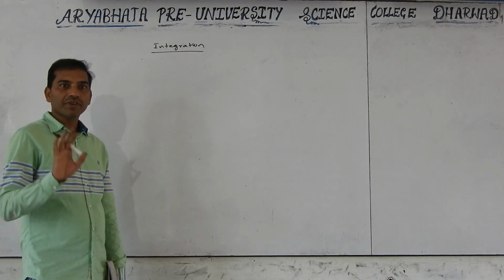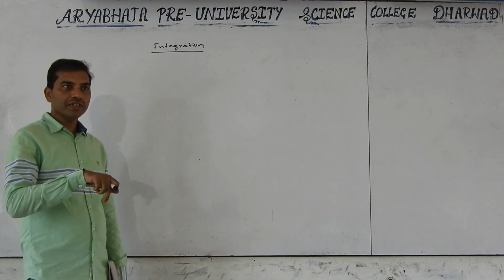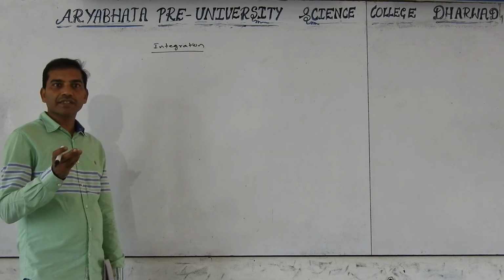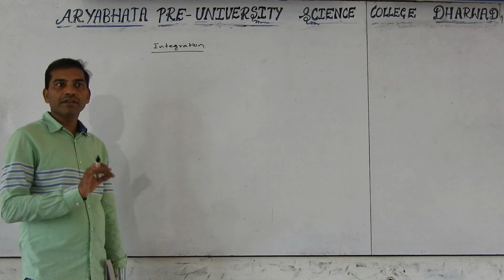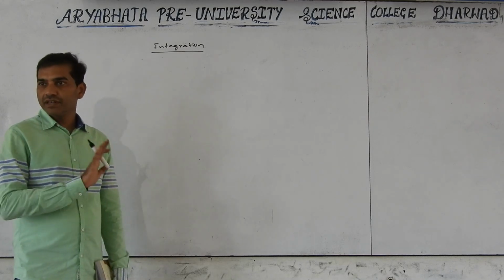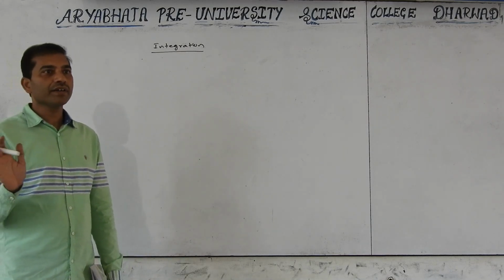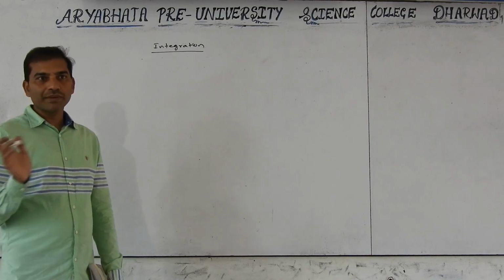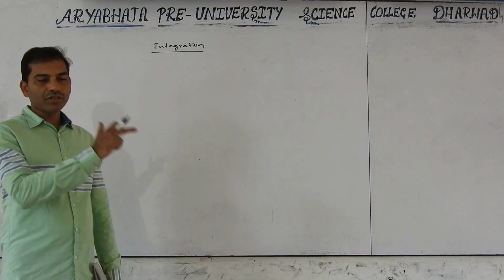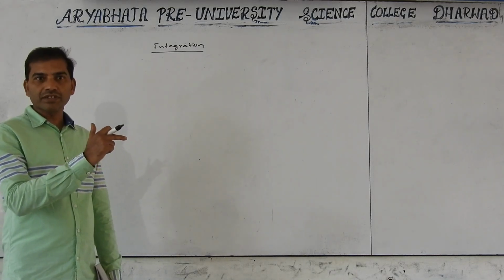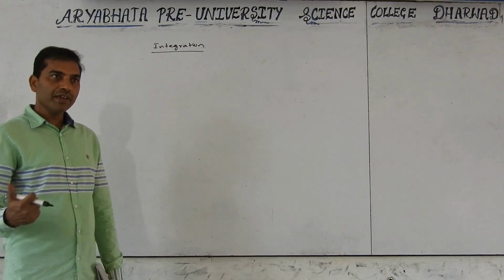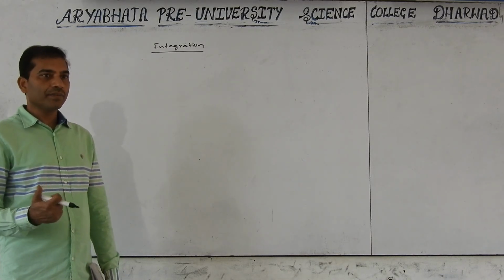On functions only we apply differentiation and integration. Sin x, cos x, polynomials all are functions. If it is not a function, we can't apply differentiation or integration. Both are similar in that respect.